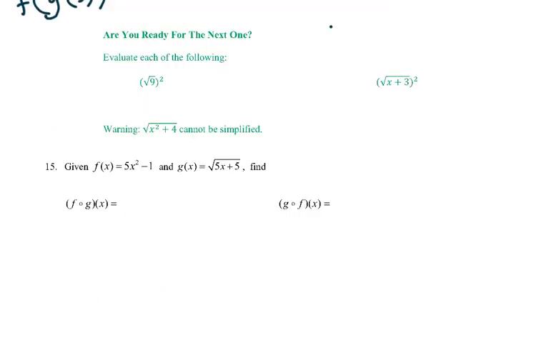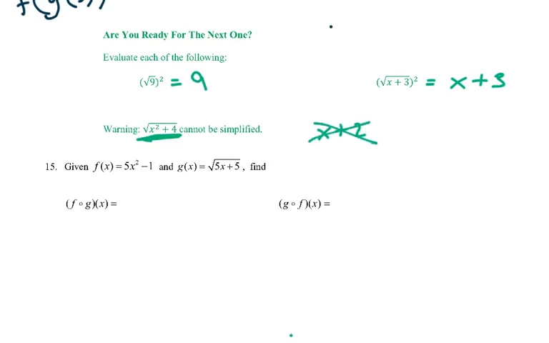This little next green section is just a reminder that the opposite or inverse function of square rooting something is to square it. So the square root of 9 squared is equal to 9. The square root of x plus 3 squared is equal to x plus 3. Remember, the square root of x squared plus 4 cannot be simplified. People want to say that it's x plus 2.